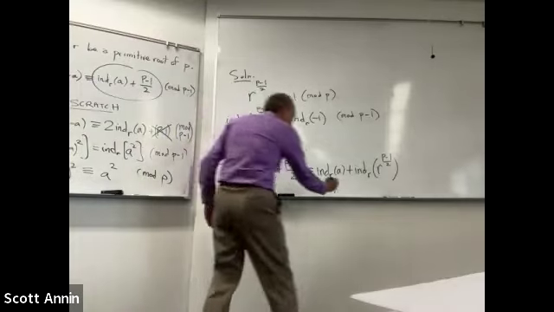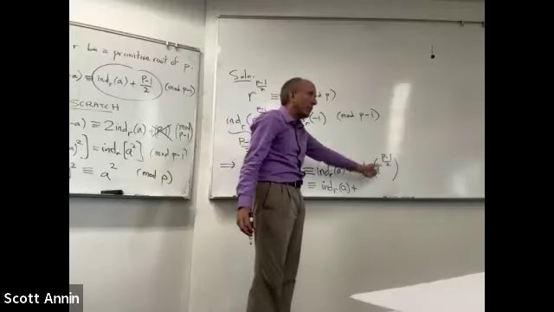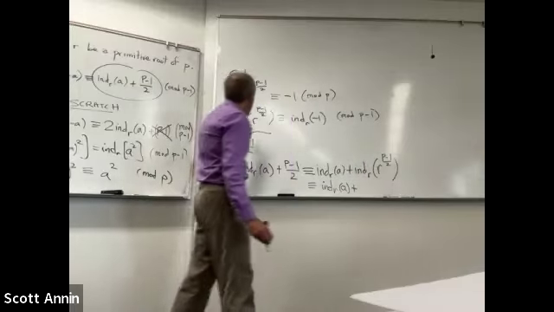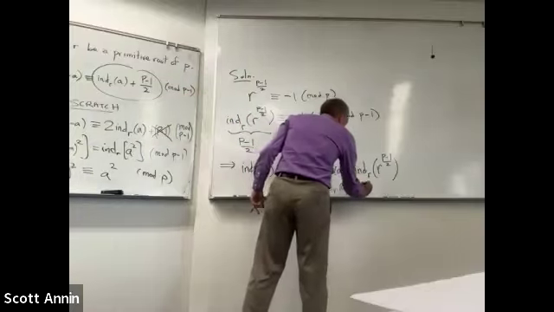Actually, before I do that, what I could really do first is change this index relative to r of r to the p minus 1 over 2. I can change that to the index of -1.